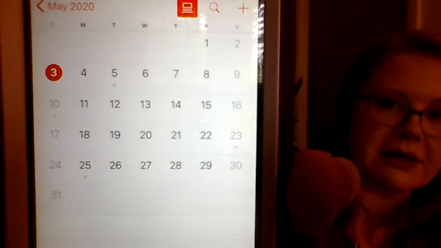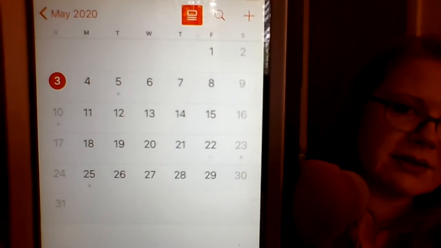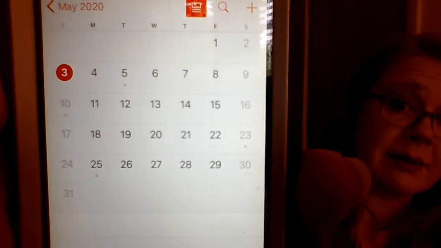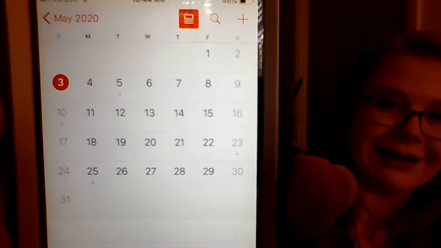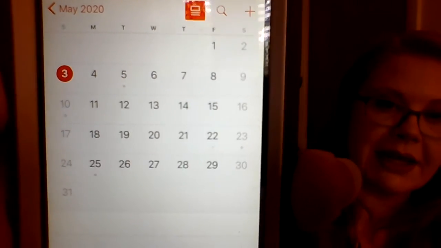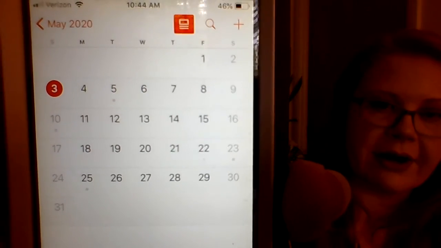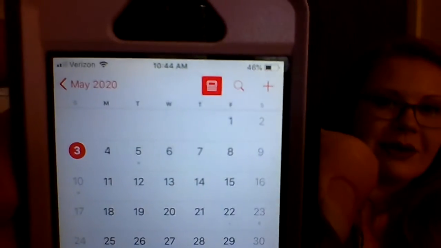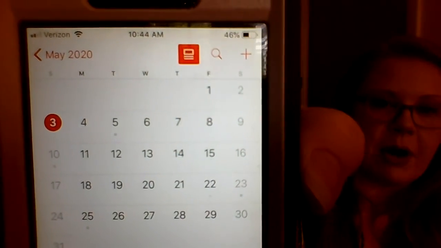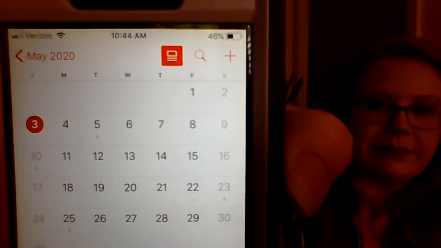You look up at the top, it goes S for Sunday, M for Monday, T for Tuesday, W for Wednesday, another T for Thursday, F for Friday, and S for Saturday. You just have to remember what order the days of the week go in to read that calendar. If today is the 7th, what day of the week would tomorrow be? That would be the 8th.